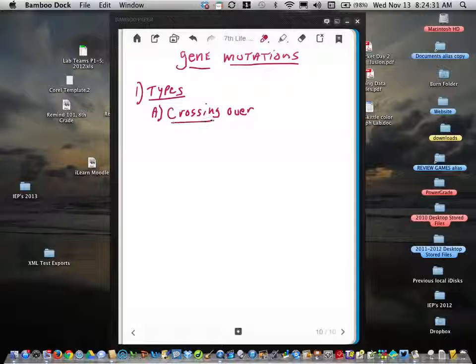And crossovers are pretty common. It works like this. If you have two chromosomes, this is one chromosome pair, and this is another chromosome pair.